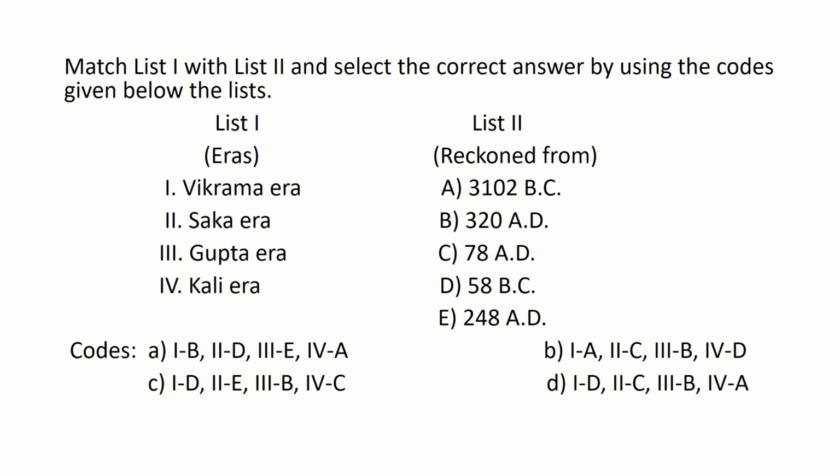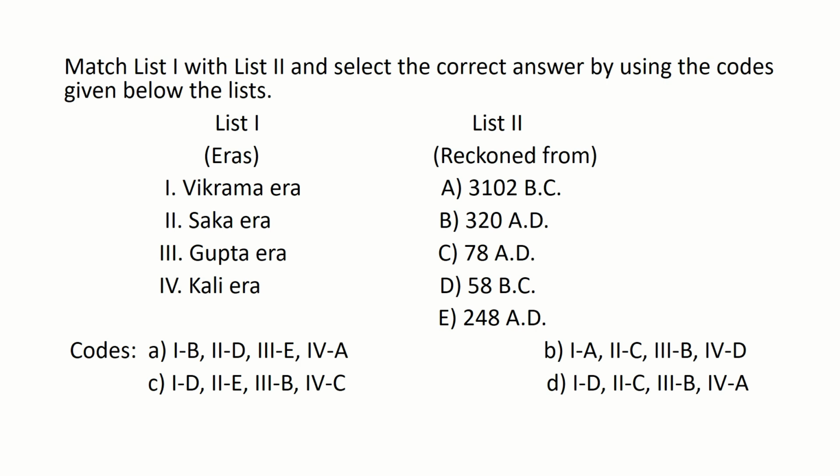We can match Vikrama era with option D, 58 BC. In the case of Shaka era, it's 78 AD. Kali era started from 3102 BC. Gupta era started from 320 AD.